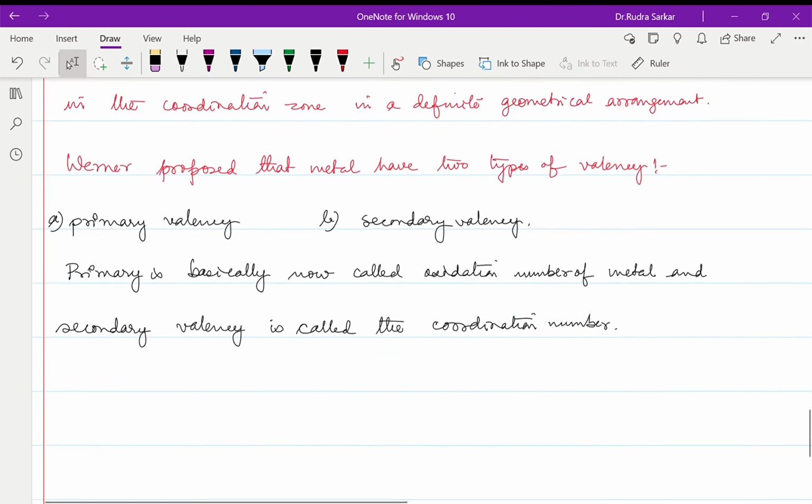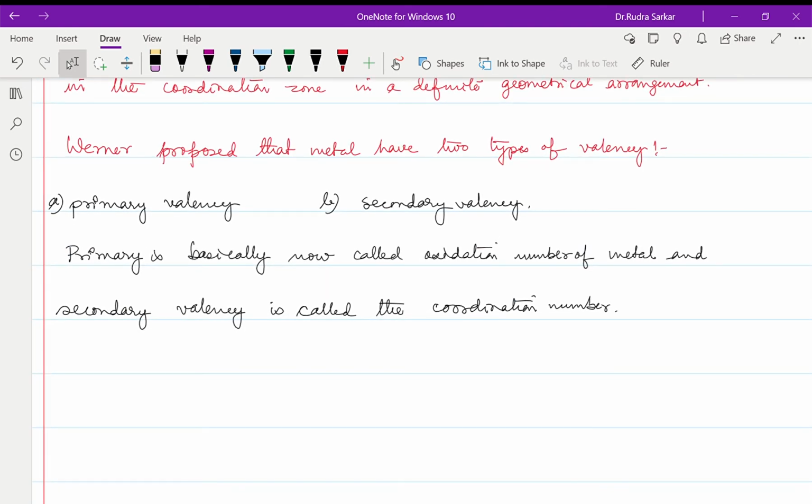Now, this primary valency or this oxidation state, how can it be satisfied?